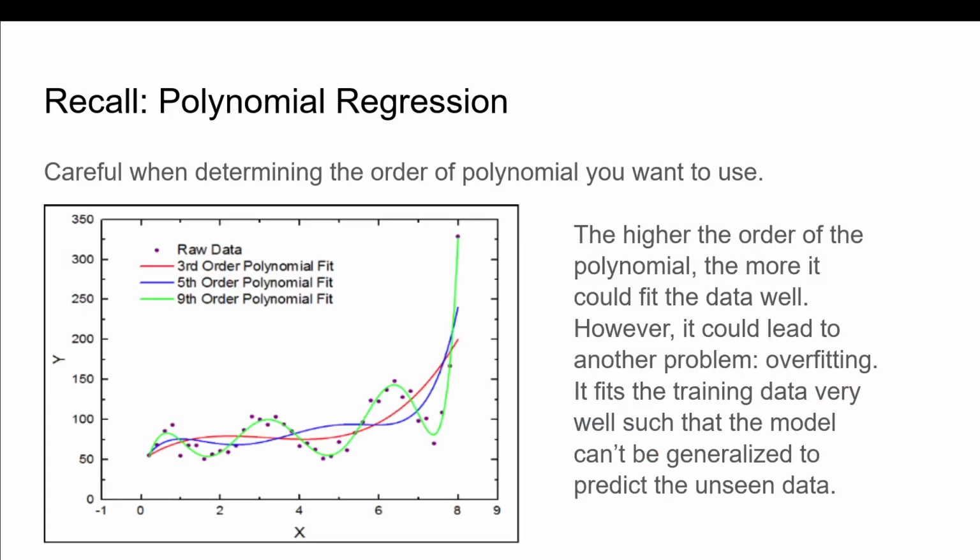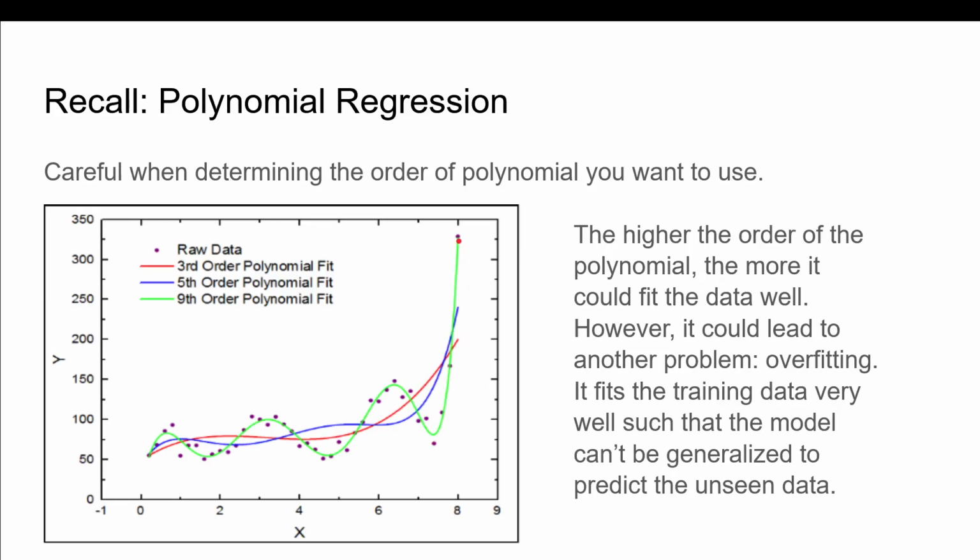So there's a problem when you are working with polynomial regression. You have to be careful when determining the order of polynomial you want to use in your project, because the higher the order of the polynomial, as you can see in this graph, the more it could fit the data well. For the ninth order polynomial, it can capture the data pattern very well.